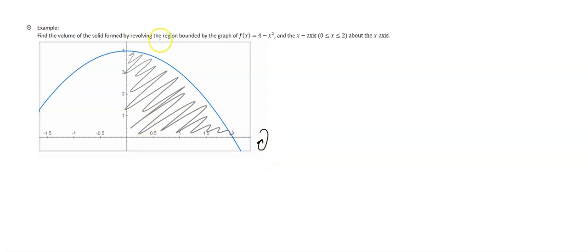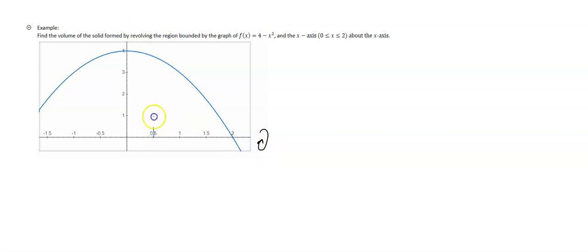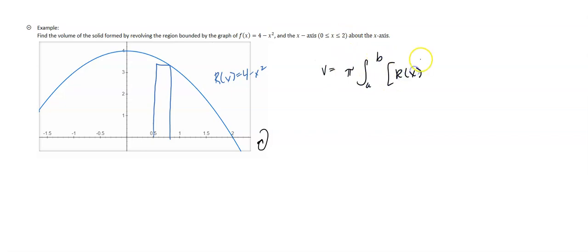So my rectangles will be vertical, and you can see that r of x is just going to be the function 4 minus x squared. So my V is going to be pi times the integral from a to b of r of x squared with respect to x.